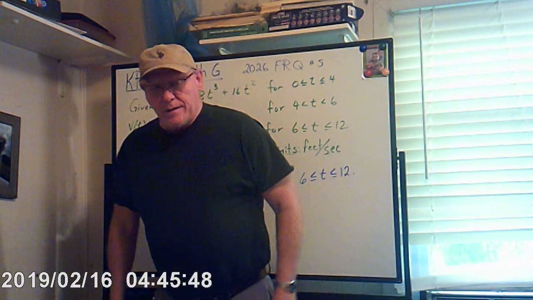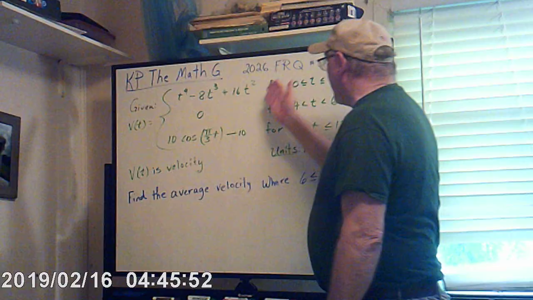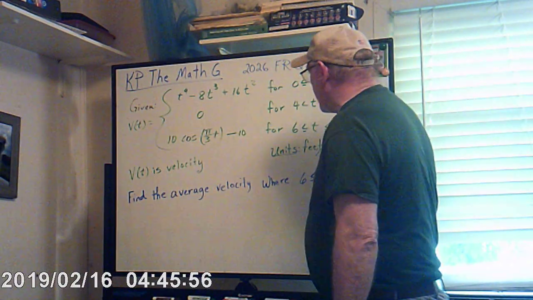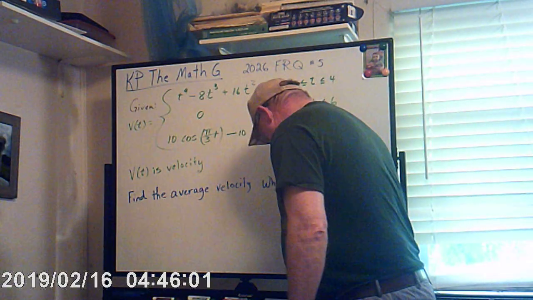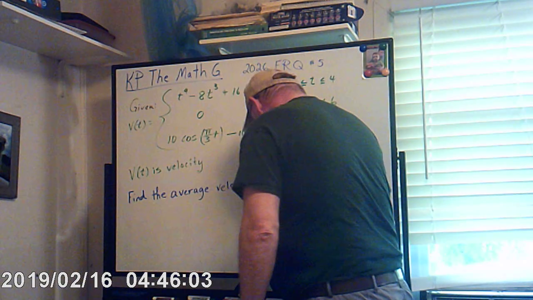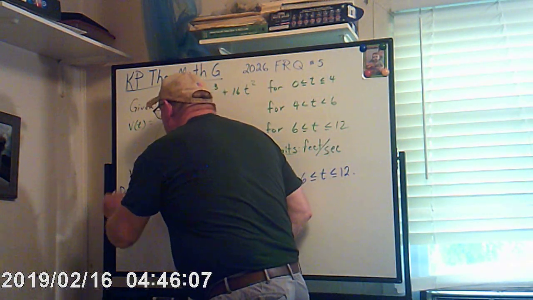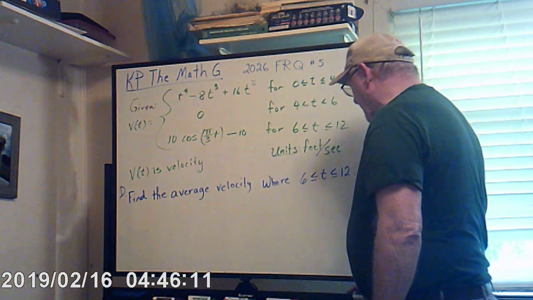Well, we are looking at a 2026 question. It's a free response question, number 5, and in this case, this is part D. So what we're going to do is find the average velocity.